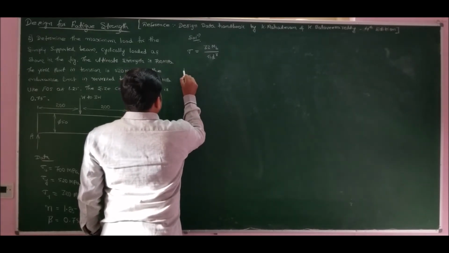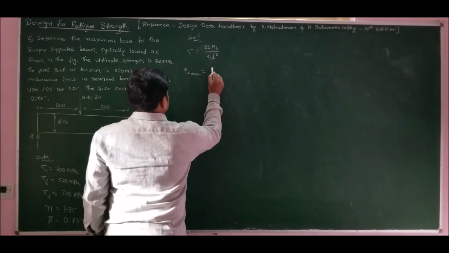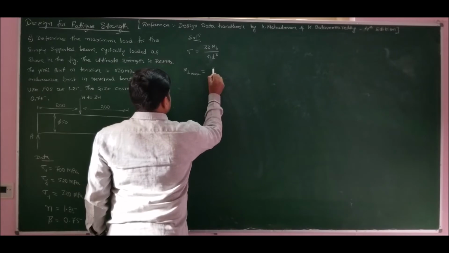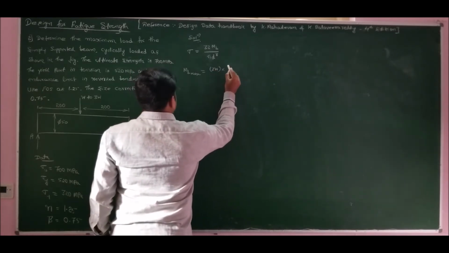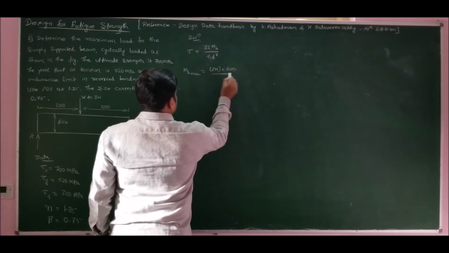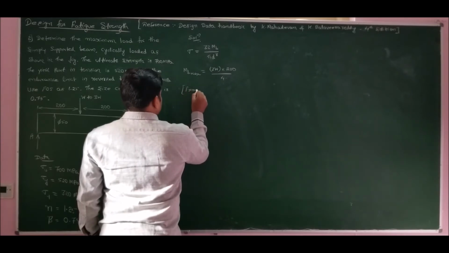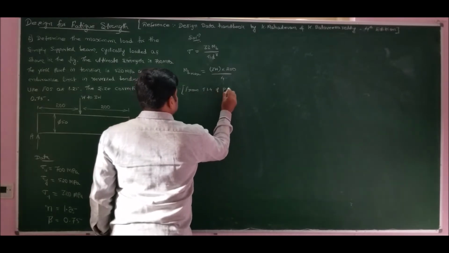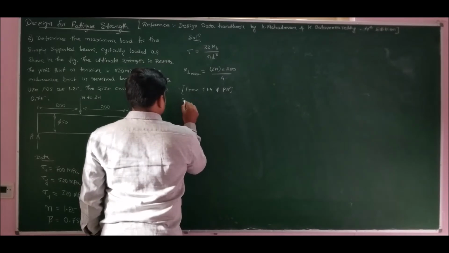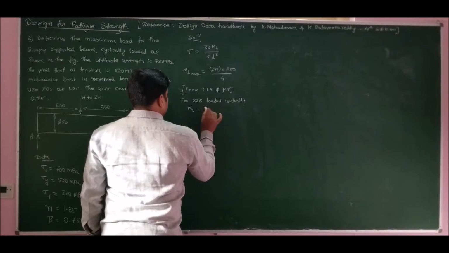So therefore, MB max is equal to FL by 4, where the load is 3W and F into L is 200 by 4. So make a note: from Table 1.4 of page number 15, for a simply supported beam loaded centrally, maximum MB is given by FL by 4.